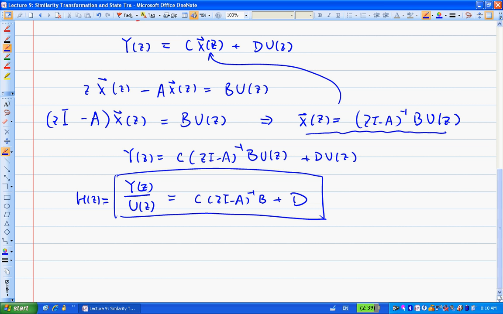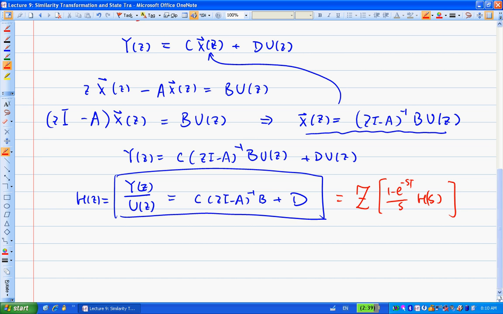H of z is the zero order hold equivalent discretized transfer function. And technically speaking, this is the same thing as the zero order hold of this. So that should be the same thing.